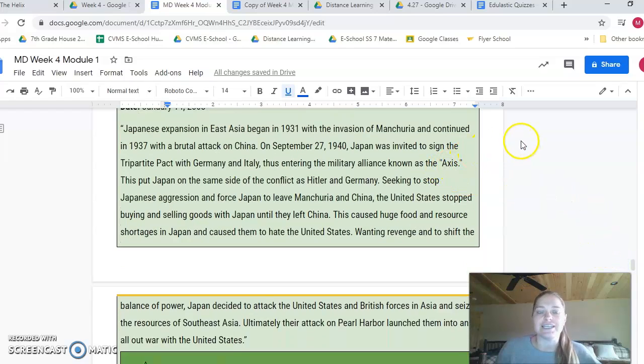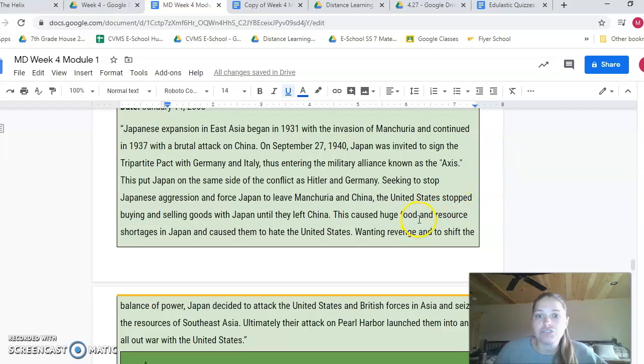Japanese expansion in East Asia began in 1931 with the invasion of Manchuria and continued in 1937 with a brutal attack on China. On September 27, 1940, Japan was invited to sign the Tripartite Pact with Germany and Italy, thus entering the military alliance known as the Axis. This put Japan on the same side of the conflict as Hitler and Germany. Seeking to stop Japanese aggression and force Japan to leave Manchuria and China, the United States stopped buying and selling goods with Japan until they left China.